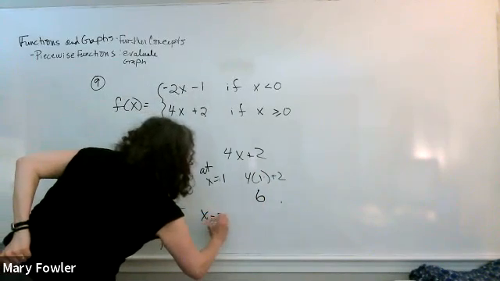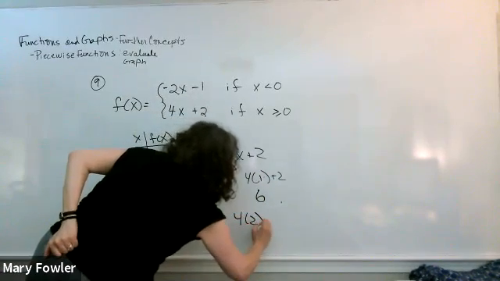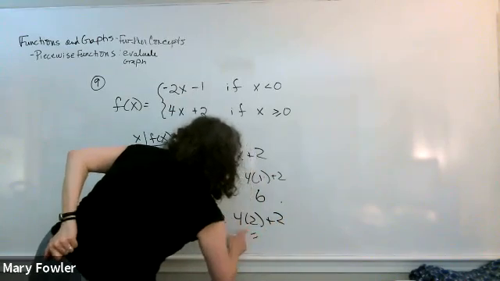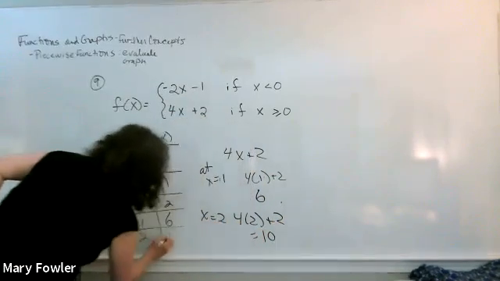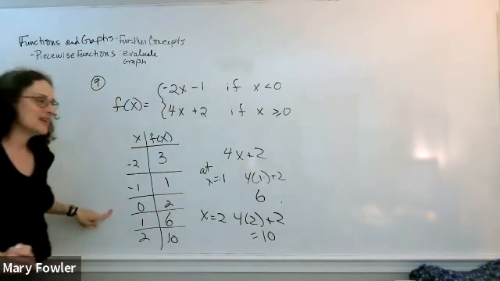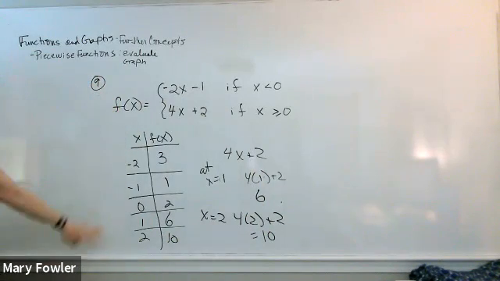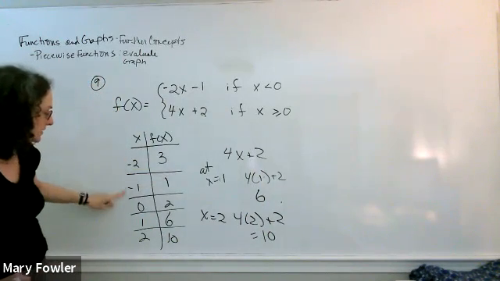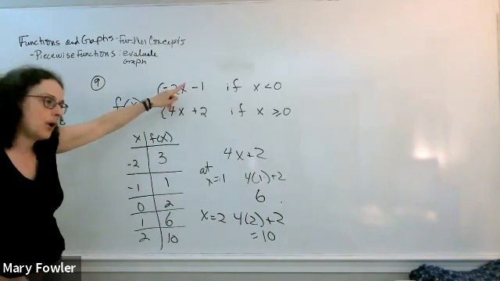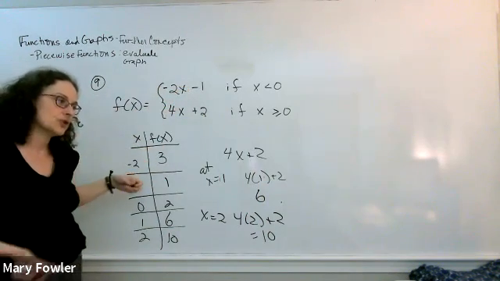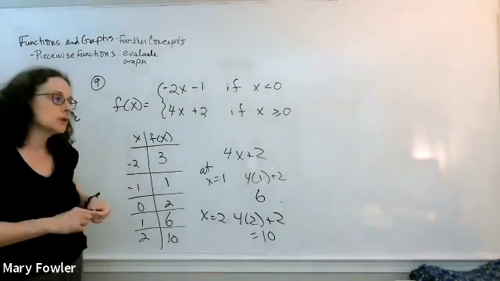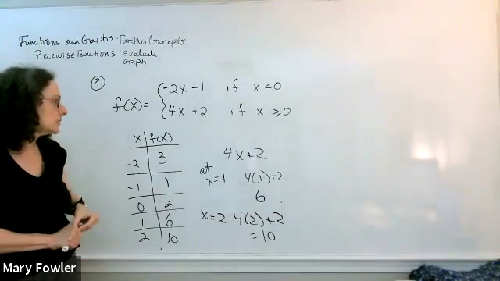And at x equals 2, we get 8 plus 2, 10. Okay, so this is how we evaluate it. Each time we had to determine which part of the function, the first row or the second row, we should be using.